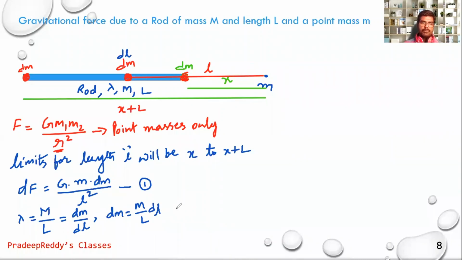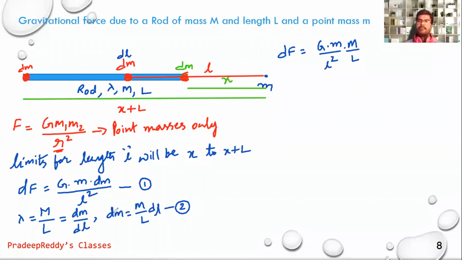This is number 2. I can now substitute this dm value in equation 1. So if I substitute here, you will get dF is equal to capital G m divided by l square into dm, and you can write dm as capital M divided by L into dl.